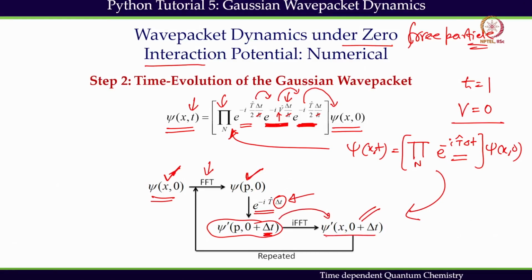This wave function is now the new wave function to feed to the next iteration, and this needs to be iterated until I reach the final time. That is the basic idea, and the final time is going to be n delta t. So, n times I have to repeat this one. Here this psi x x0 represents the initial wave function.